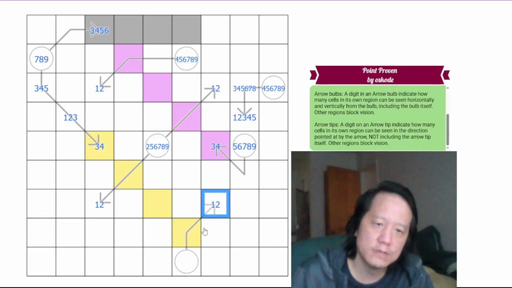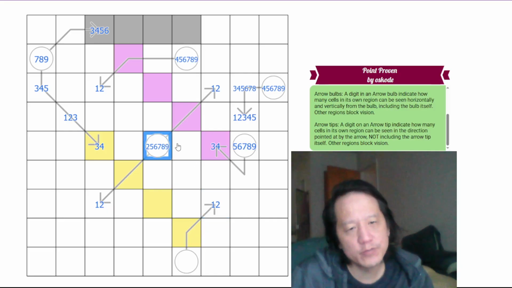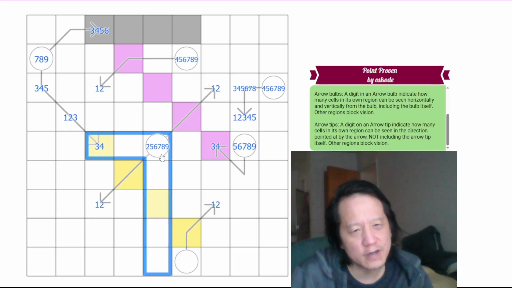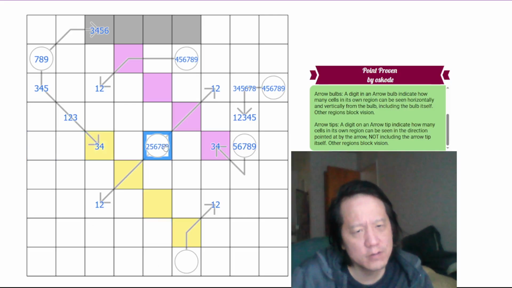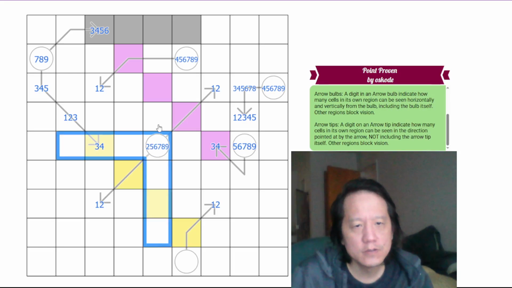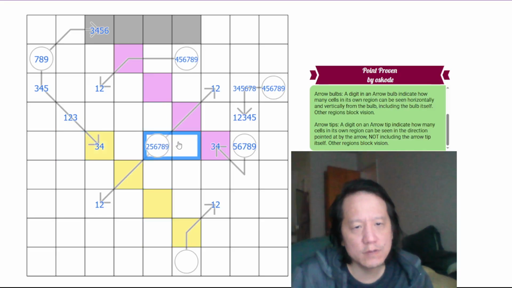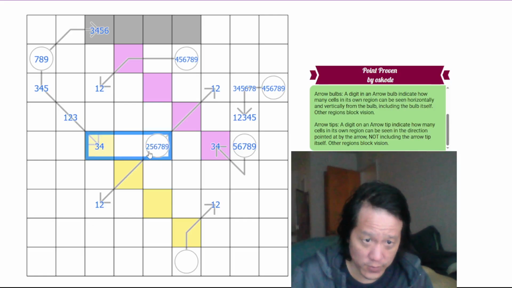Interesting. Can this ever be greater than 5? Oh, I guess it could. Yeah, it could be just these. Well, does that work? 2 kind of works. 5 could work very well.